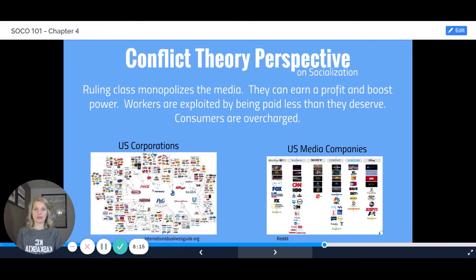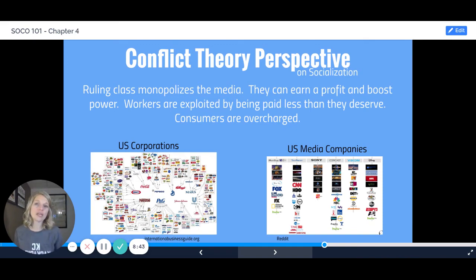Well, conflict theory looks at how teaching these things to future generations makes it very difficult for you to go from working class to an upper class level. Because whenever you're socialized and you're around people similar to you, with similar income, that's where you're comfortable, and you think that's just the way it is.